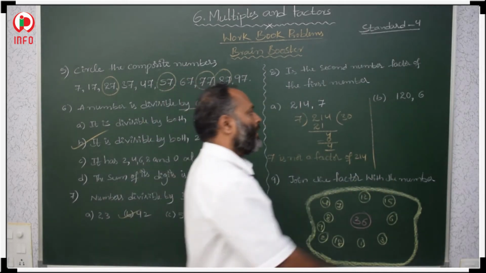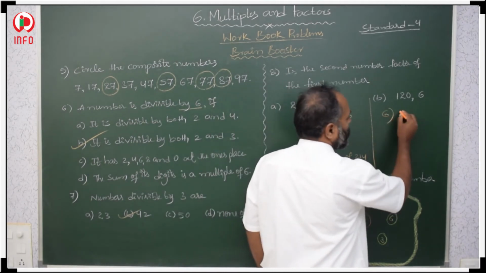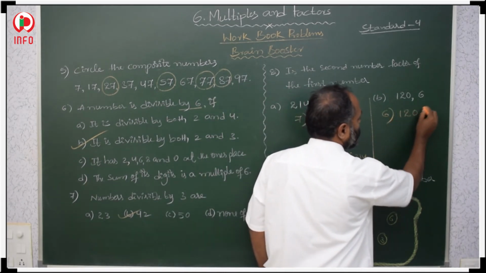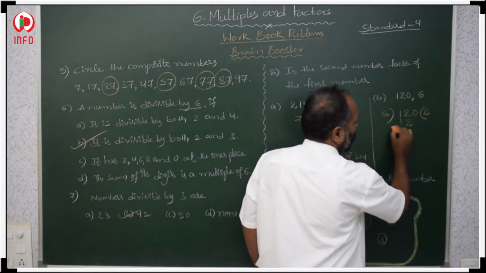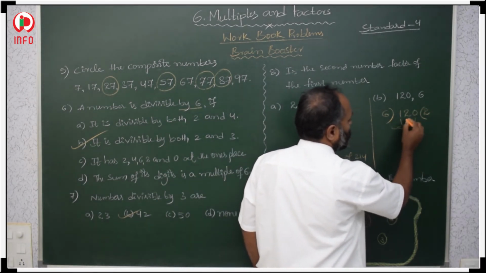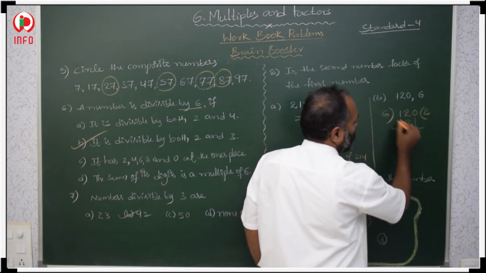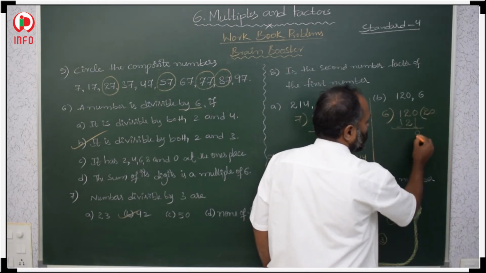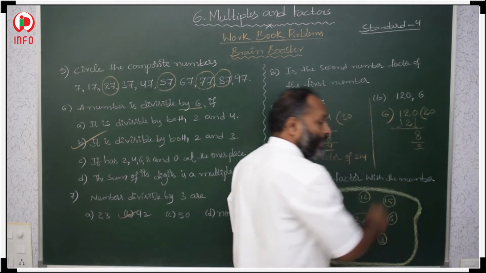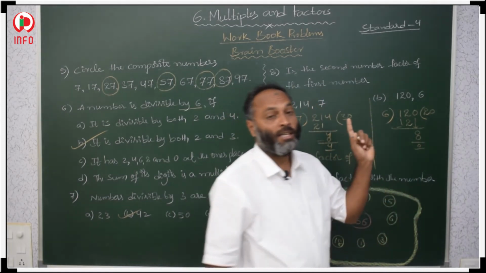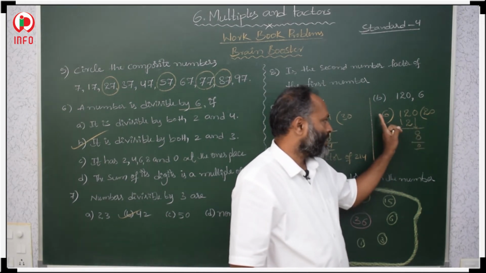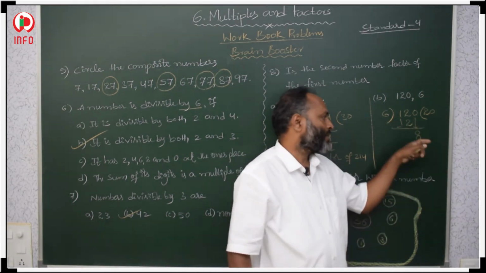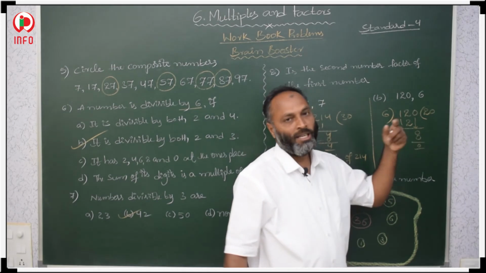Now here also we have to divide 120 by 6. 6 twos are 12, now copy the 0. 12 minus 12 is 0. Then you take this 0: 6 zeros are 0. In division, when we take a number from here, if we simply put 0 here, then our division is over.